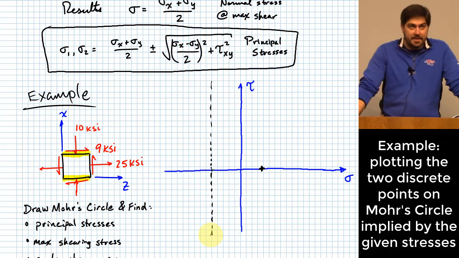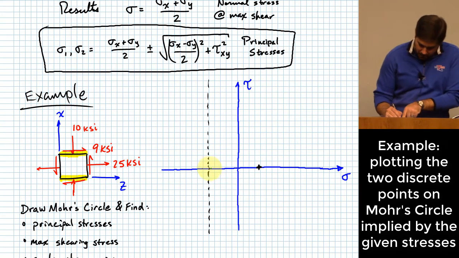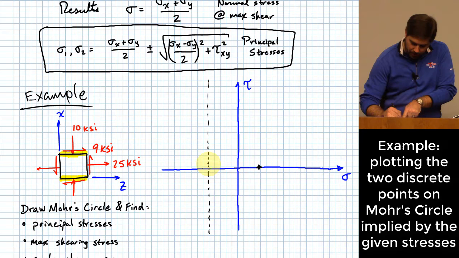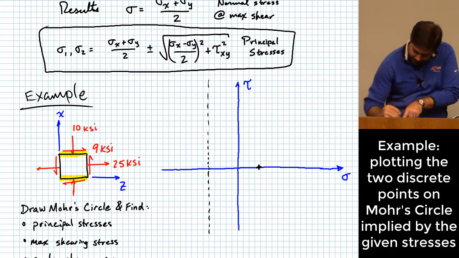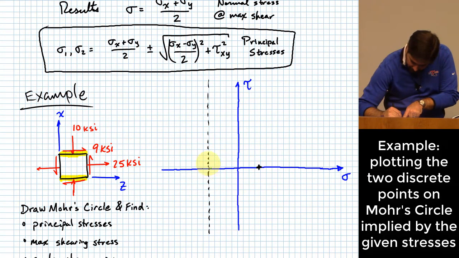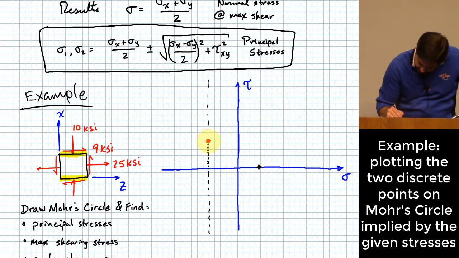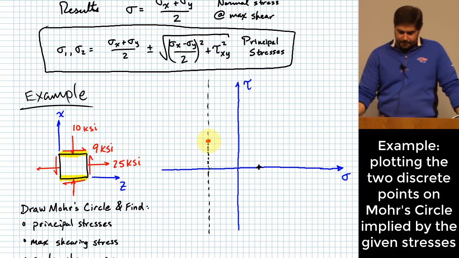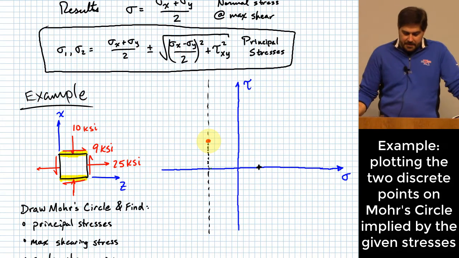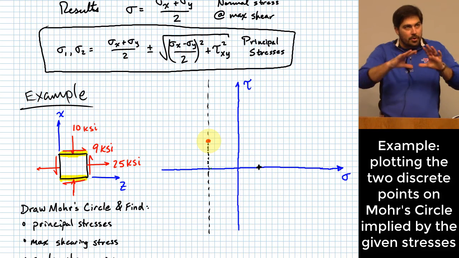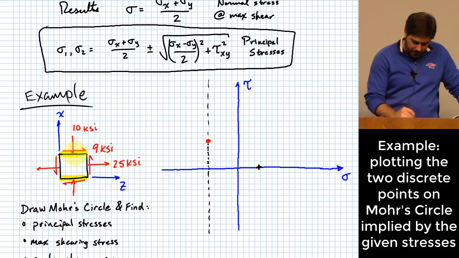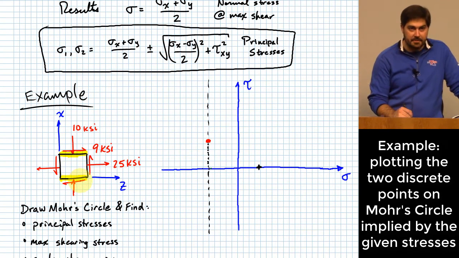I have positive, someone says, 9 KSI. Since it's clockwise, we're going to go to 9. So 1, 2, 3, 4, 5, 6, 7, 8, 9. And I'm going to make that a little red dot right there. So that is the location in this Mohr circle plane for the stress that acts on the upper and lower faces of this little rectangle.